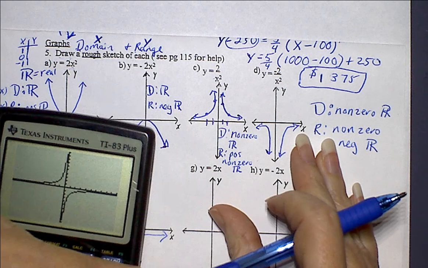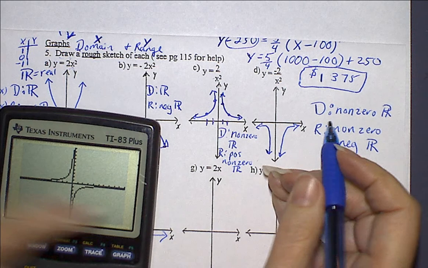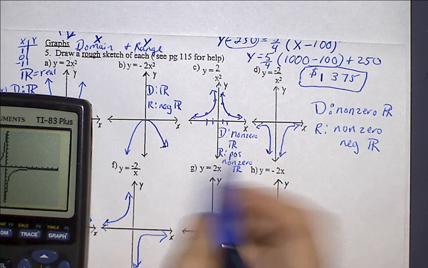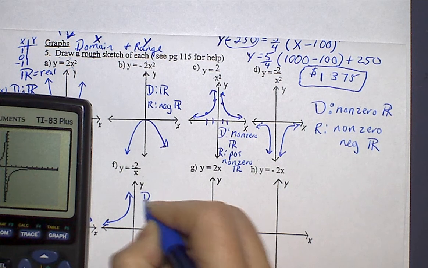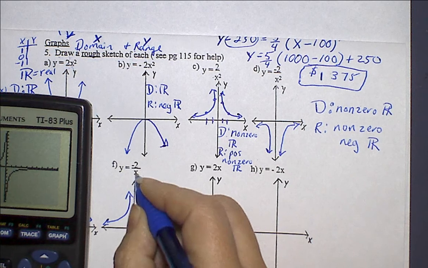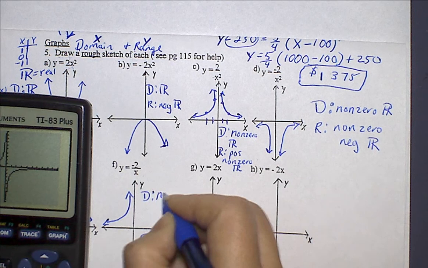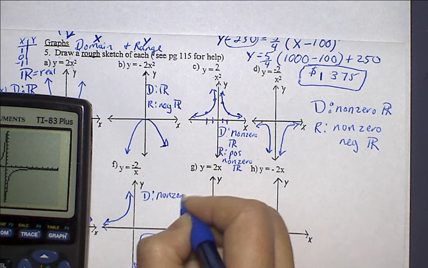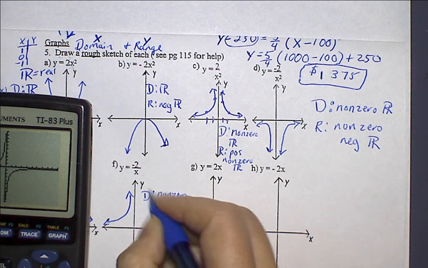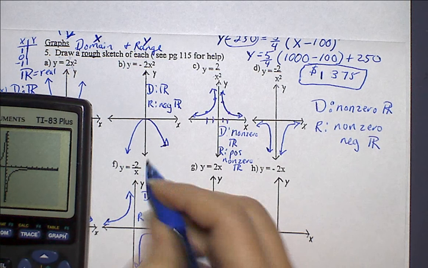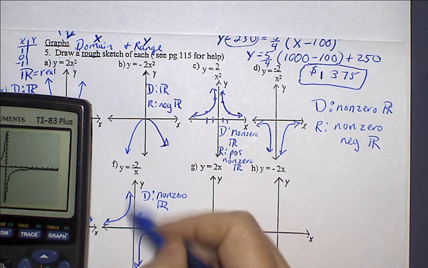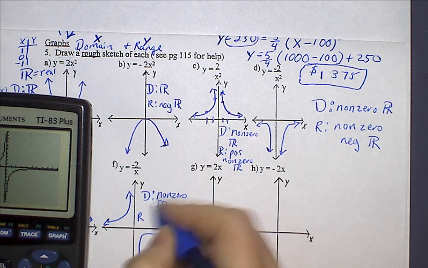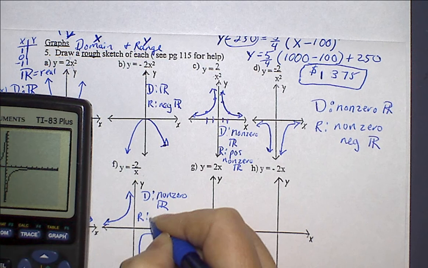So my domain of this is what can you put in for your x. You can put anything in for your x except for 0, so non-zero reals. And your range is what values of your y values. And remember, you have y here and you have y down here, so that means everything except for 0. So non-zero reals.